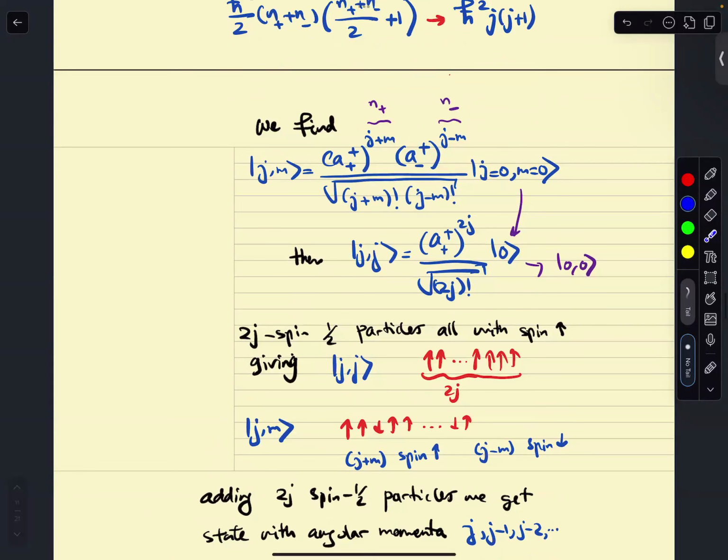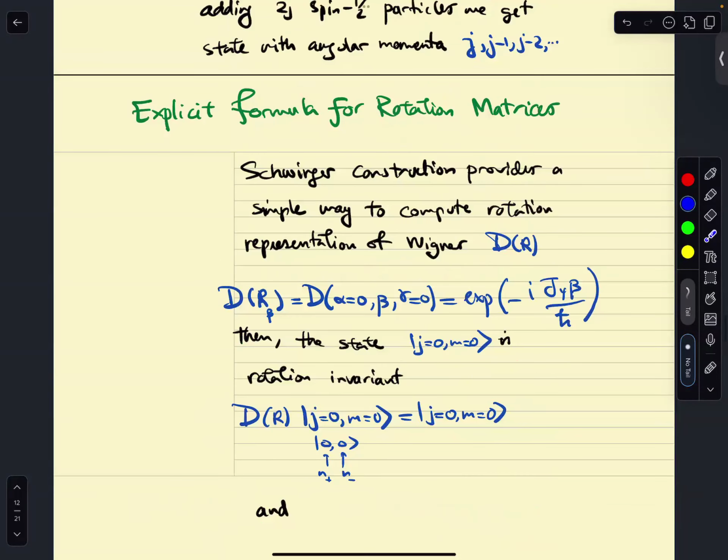So is the Schwinger oscillator model of angular momentum clear? Okay.